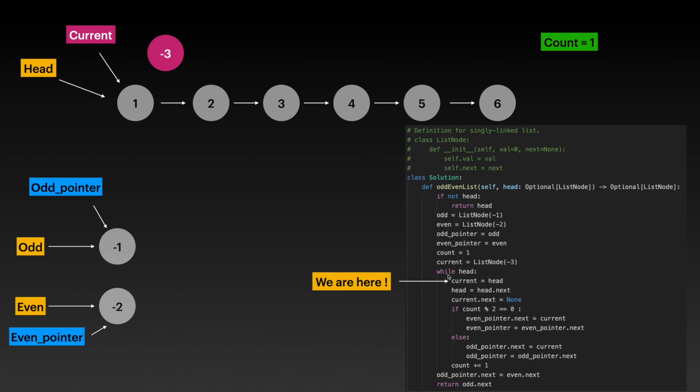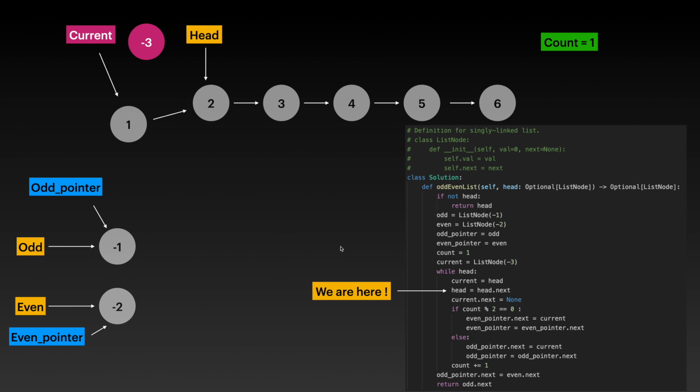Now we have a while loop, and while head itself is not null or None, current equals head. What does that mean? Our current will be pointing to wherever head is pointing to, and that is here. Next, we are at head equals head dot next.